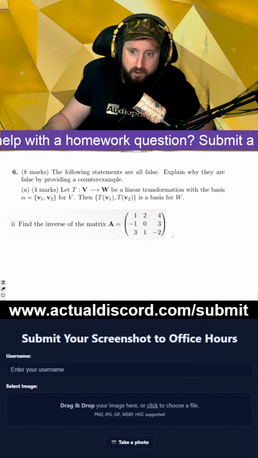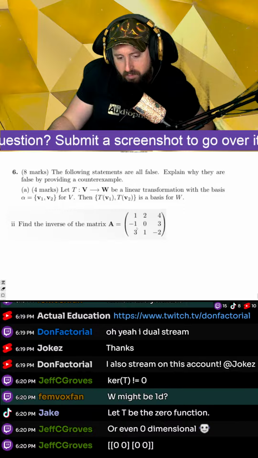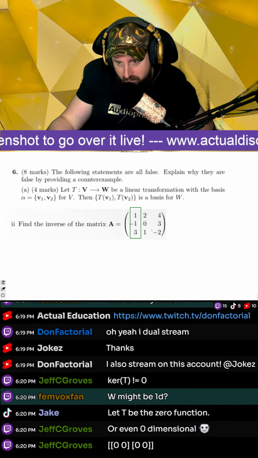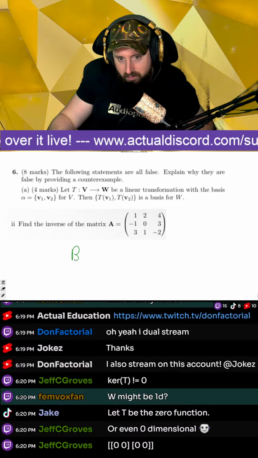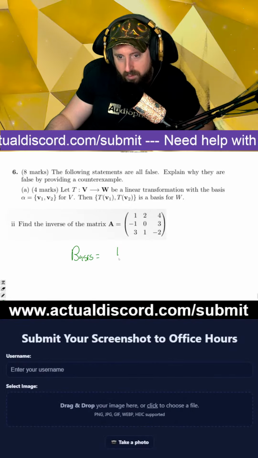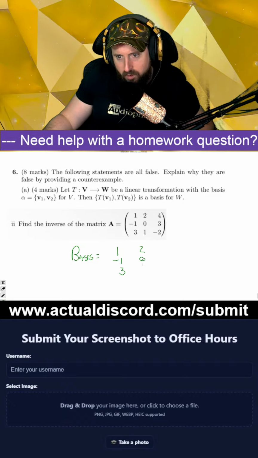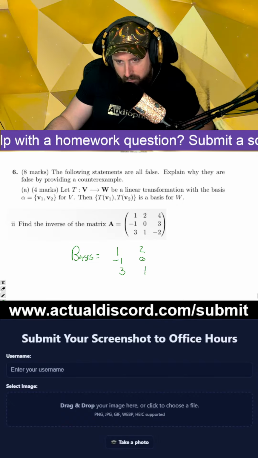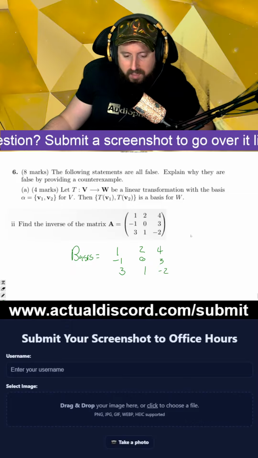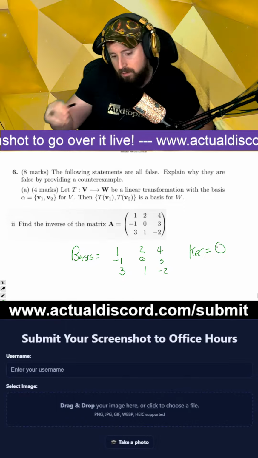That's an example. But for instance, if I were to try to find the basis of this matrix, wouldn't that be, I don't think any of these are copies of the other ones, right? Wouldn't the basis here be just 1, -1, 3, and then 2, 0, 1, and 4, 3, -2? In that case, the kernel is equal to 0, right?